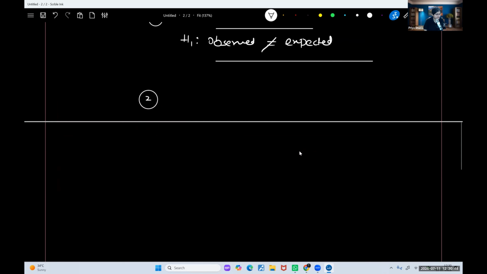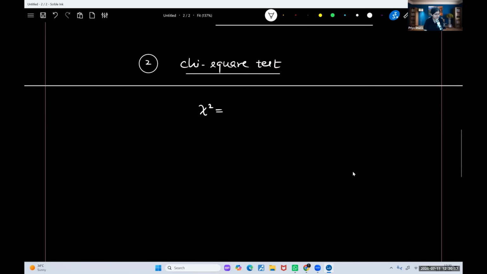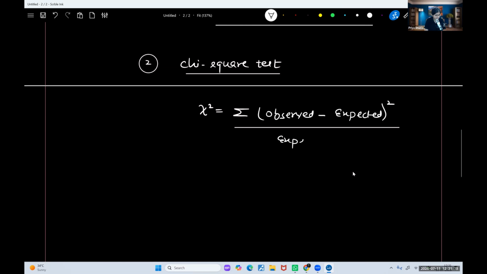chi-square test. Now, when we talk about chi-square test, we need to evaluate now what is the value of chi-square. This is how the representation of chi-square looks like. And the formula is that, hey, whatever be the observed value that you have, minus whatever be the expected value that you will be having, whole square, divided by whatever be the expected value that you will be having, right?